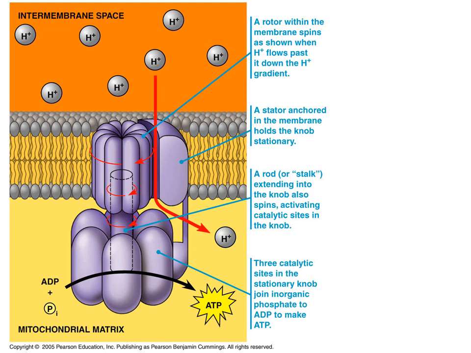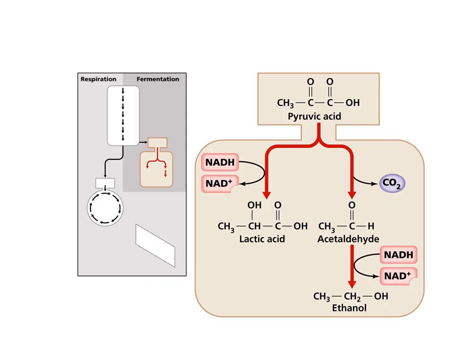This slide shows you that the high hydrogen concentration, chemiosmosis, is going to spin the turbine. The spinning of this turbine is going to generate ATP. This is created through redox reactions.